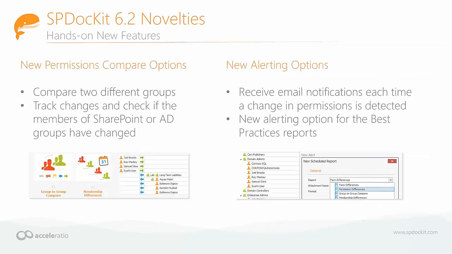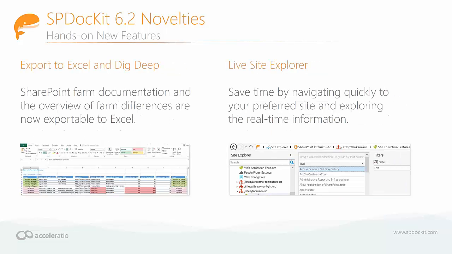Except SPDocKit Event Viewer, we have new permission compare options. You can now compare two different groups. You can track changes, and except permission compare options, you have new alerting options, again for permissions, and also for best practices. We have also added a pretty useful improvement to our export options.